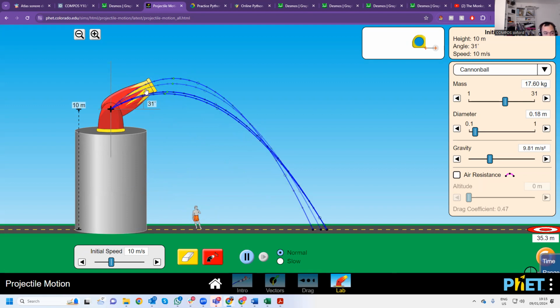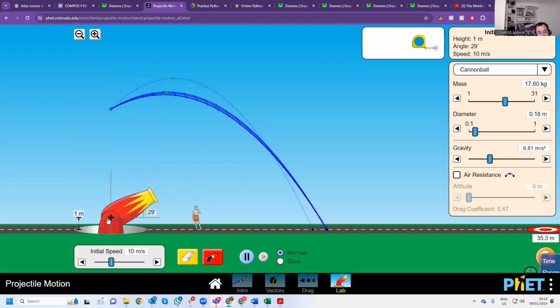Nope. 31. Nope. 29. Not much of a difference. So somewhere around 30. So there's no strict rule when you're not shooting from the ground. If you're shooting from the ground, then it is 45 degrees. And if you do any other angle, it's going to be less.